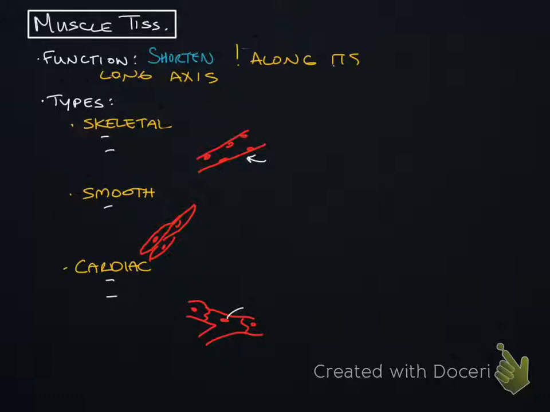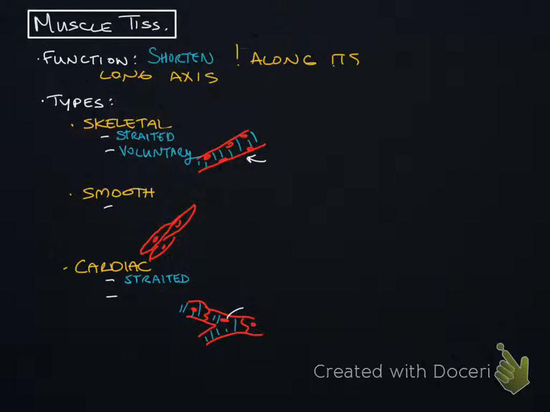So skeletal and cardiac are striated. And when we go over muscle, we'll learn that these striations are created by the sarcomeres within the muscle cells. Okay? The skeletal muscle is voluntary. It is the only one that is voluntary.